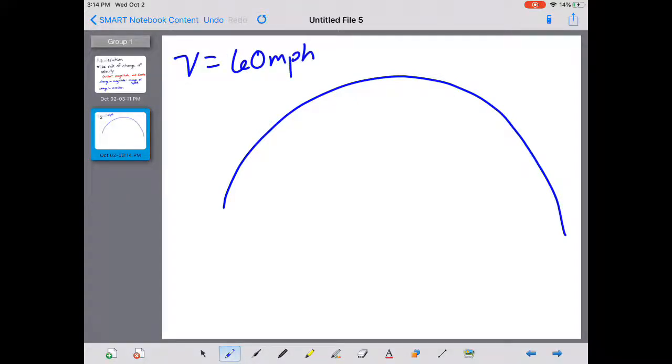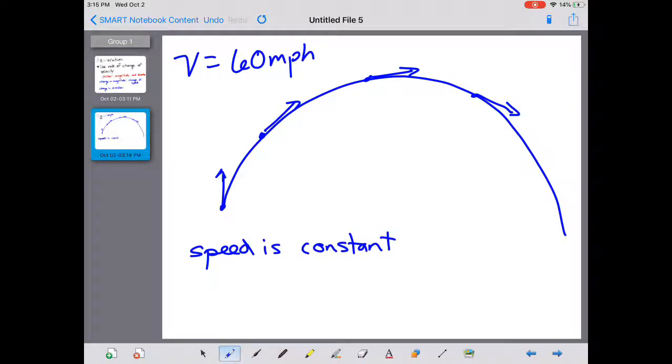So at every point along this turn, you're going 60 miles per hour. So your speed is constant, but your direction changes. And since the direction of your velocity changes, you have an acceleration.